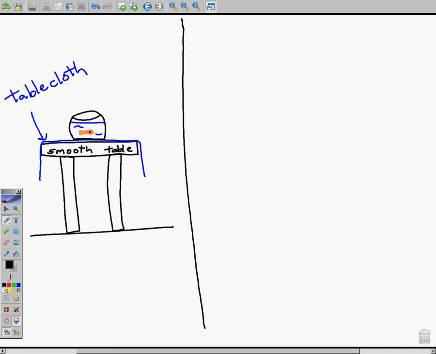And there's this big overweight cat that wants to get the fish. But this cat can't jump up on top of the table, so it's got a plan. The plan is for the cat to jump up and grab on to the tablecloth with its claws.